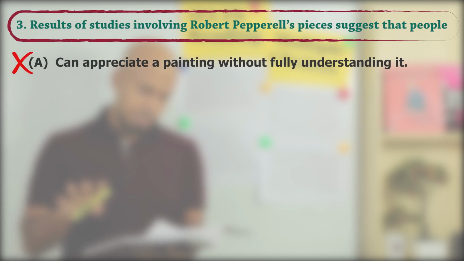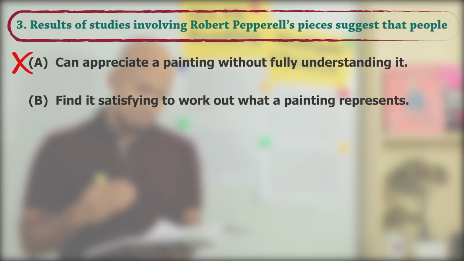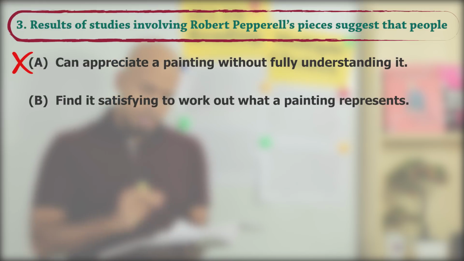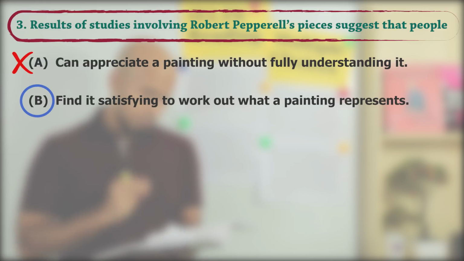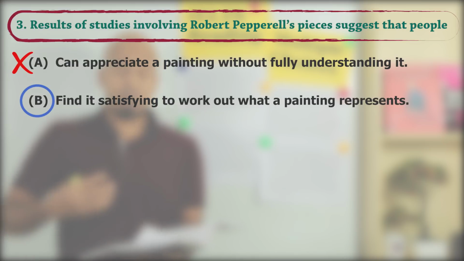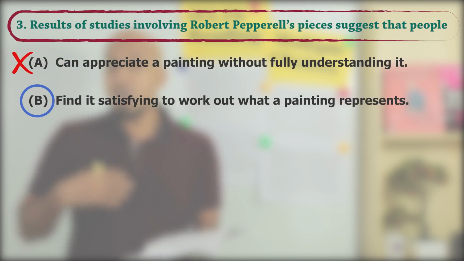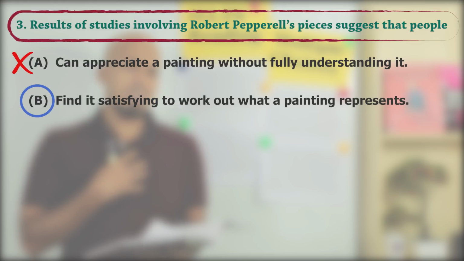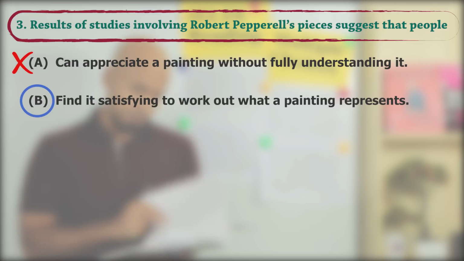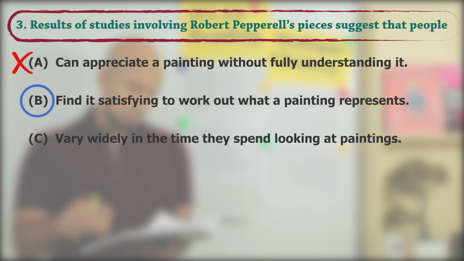It's not about A. Number B, find it satisfying to work out what a painting represents. Yeah, since it's rewarding, maybe number B could be the answer, because people find it satisfying to work out what a painting represents, to understand a painting. And the same thing says here, they find it rewarding. But again, we need to check C and D.